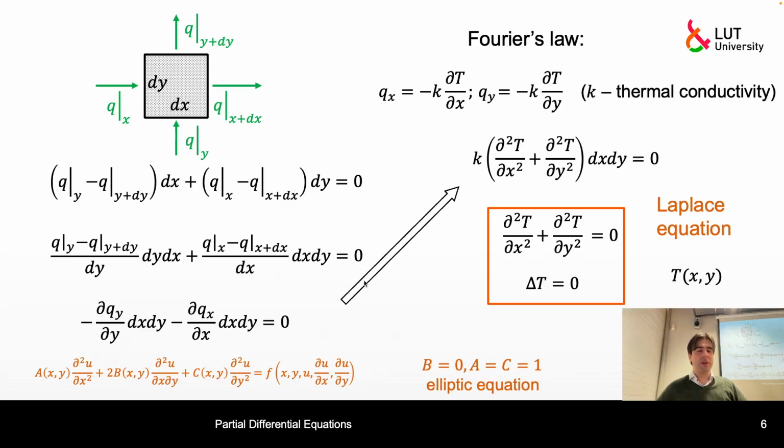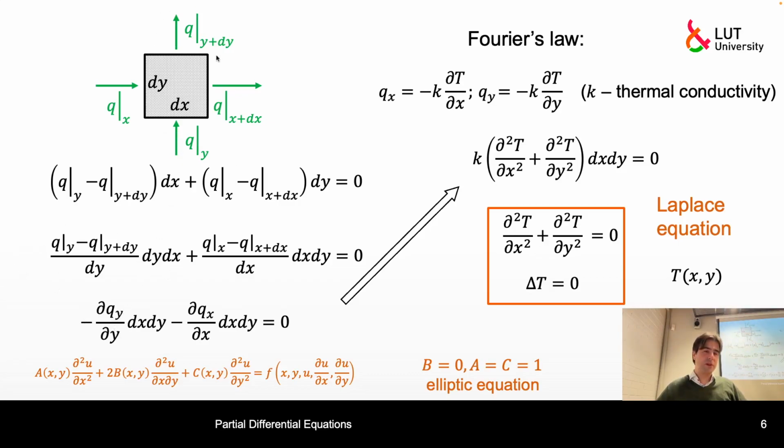We do the same with dx. And if we look carefully at this picture and this expression, we realize that it's nothing but partial derivative of this heat flux that's going through these two vertical lines with respect to this coordinate.